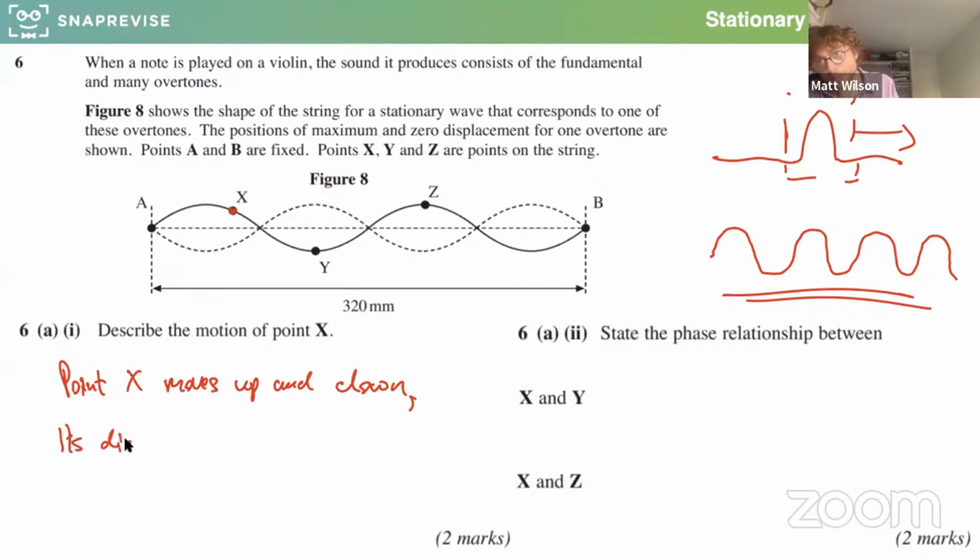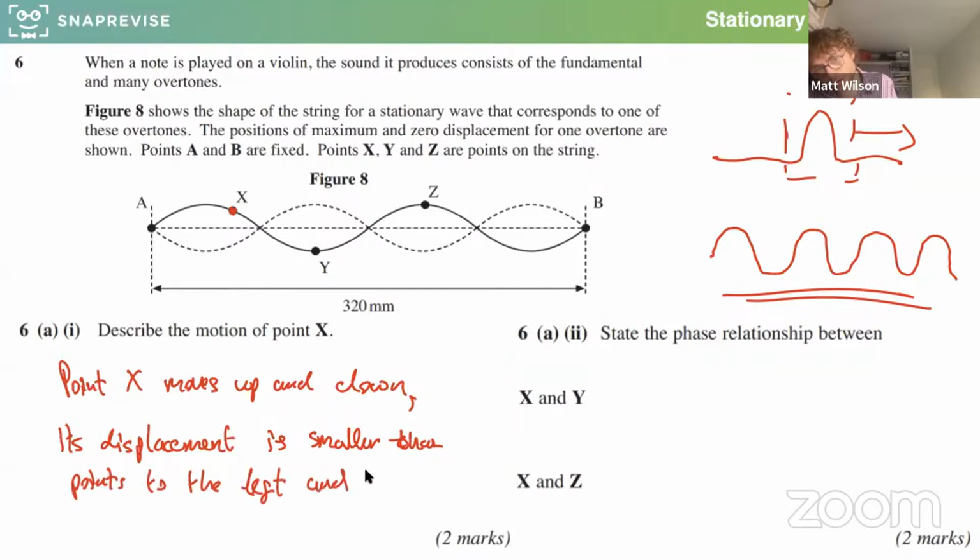Its displacement is smaller than points to the left and larger than points to the right.